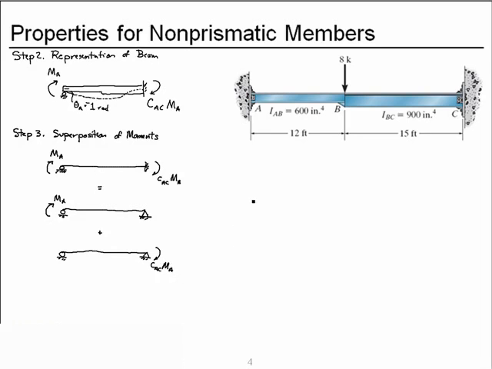Well, the moment diagram for our first case starts out at MA and drops linearly to 0 at 27 feet.